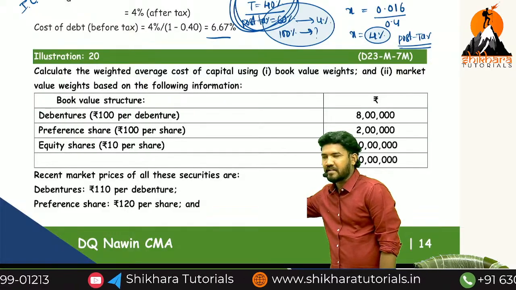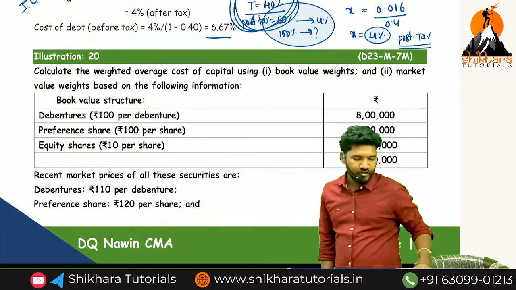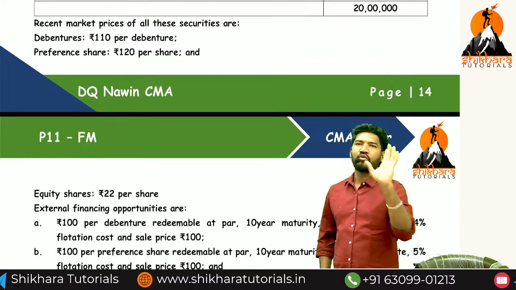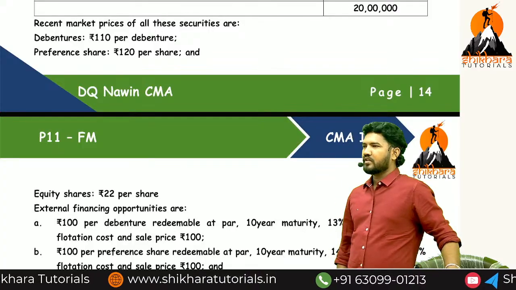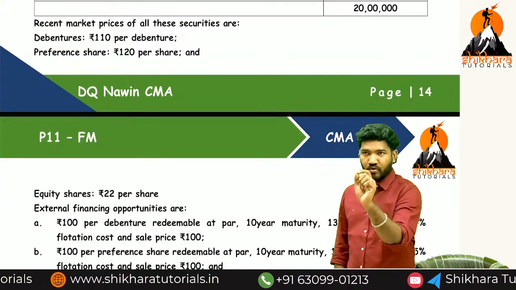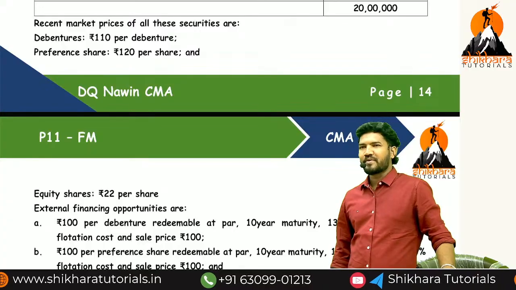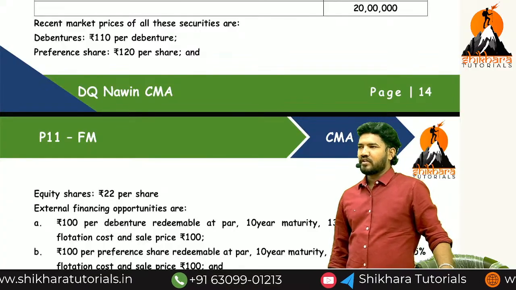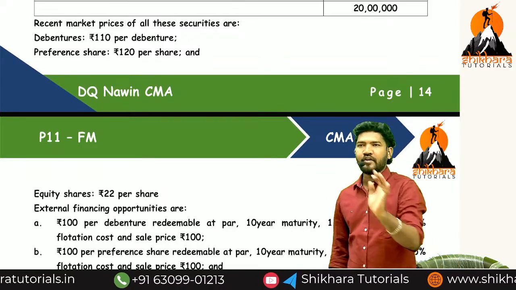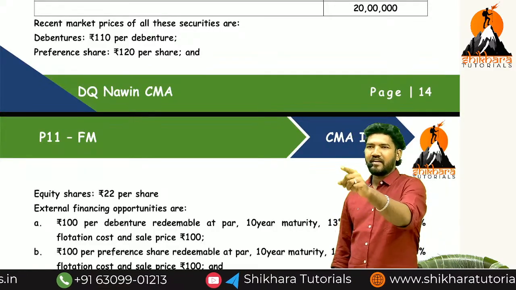Consider these market prices. What is the face value? 100 only, no? What about here? 100. What about the 22? 100. There are logical assumptions you have to take, Nana. They will give a clue somewhere in the question, and based on that clue you have to take an assumption. Sir, can I take 1000 rupees per debenture? It depends upon the market value. If the market price of a debenture is 970 rupees, don't take 500, take 1000.